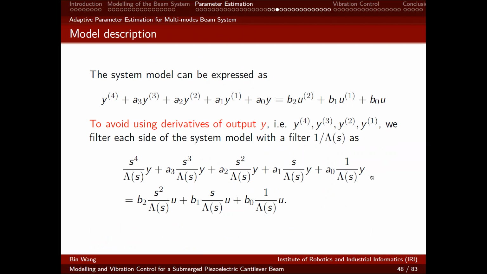To avoid using derivatives of the output y, because the output y can be measured, but the higher derivatives can amplify the noises, we use a filter on both sides of the equation.